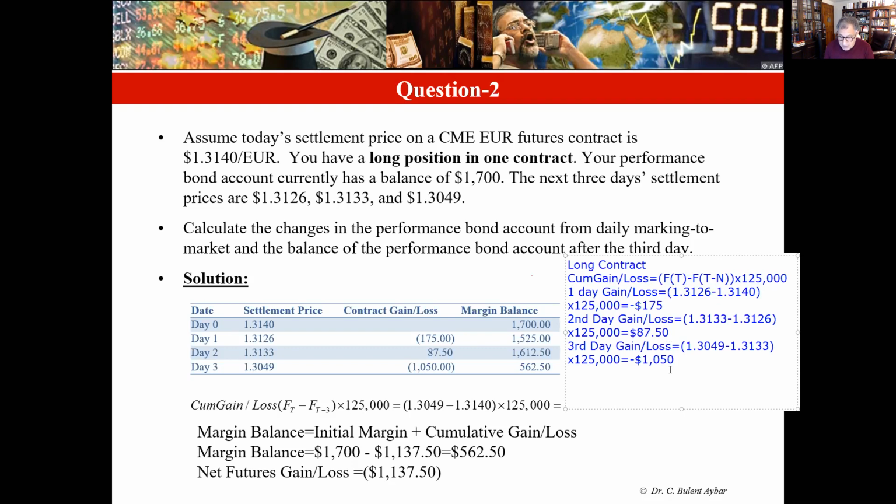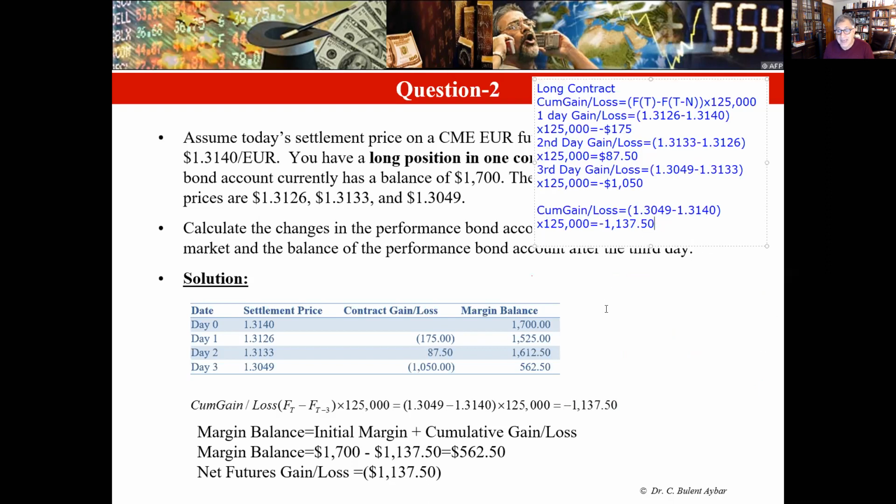So in that case, it is going to be 130.49, which is the last contract price, minus 3 days prior, which is 131.40, times 125,000, which is equal to $1,137.50 loss.